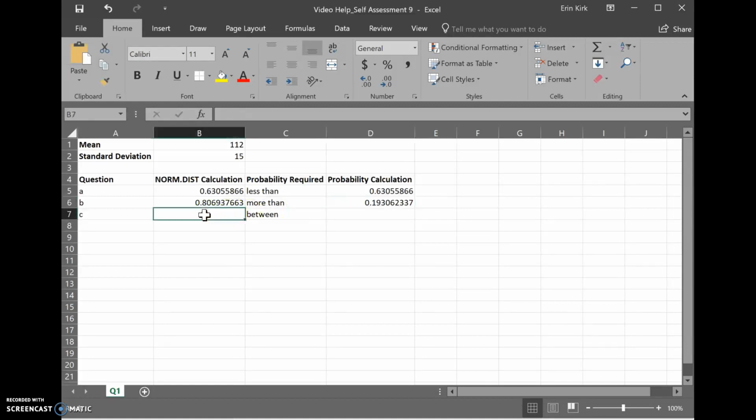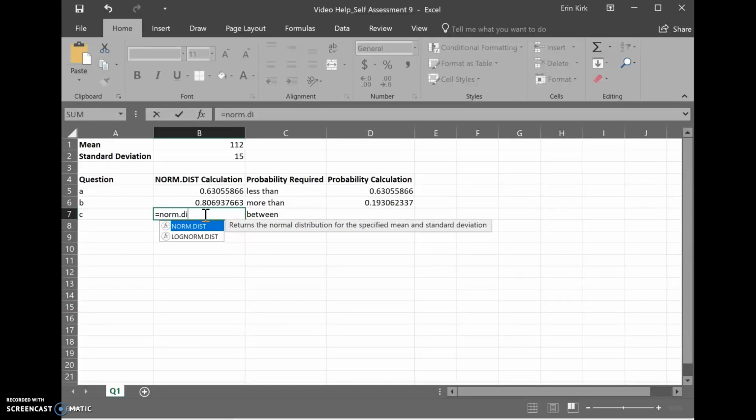In the final question, we're asked, what is the probability that a randomly selected infant weighs between 107 ounces and 140 ounces? So we need to use the normal distribution function for both of those values, 107 ounces and 140 ounces. These will be two separate calculations using the same method as above.